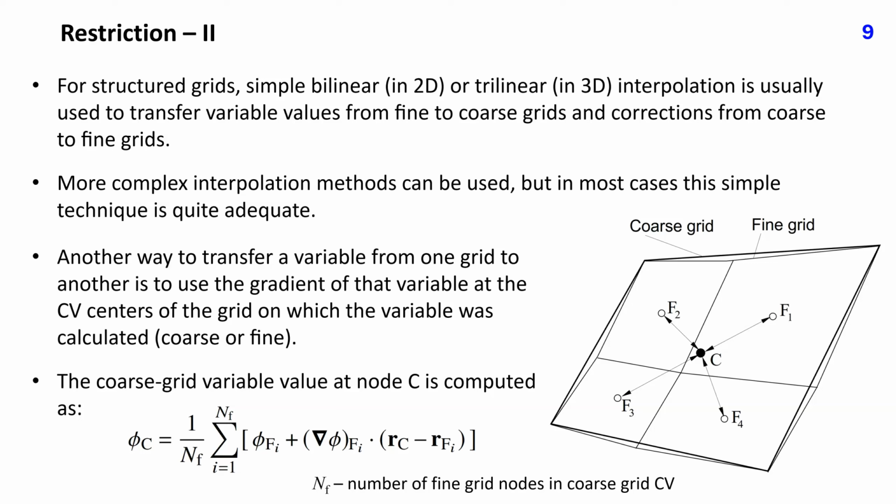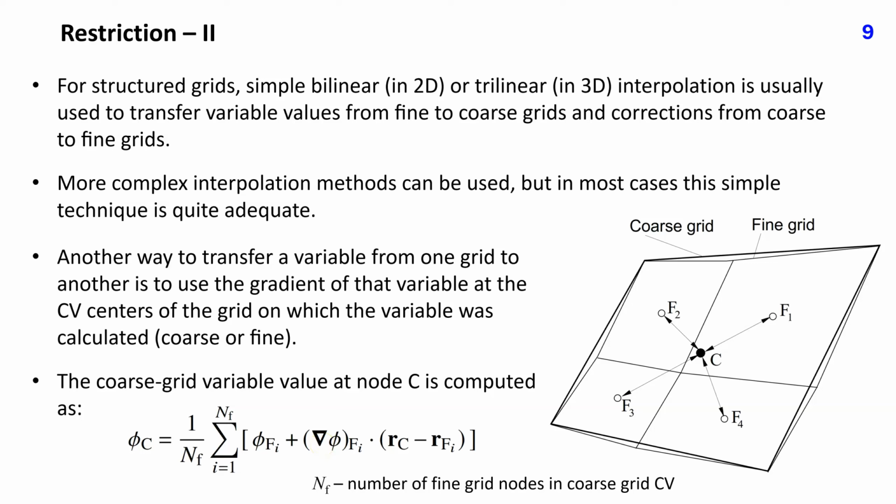Another way to transfer a variable from one grid to another is to use the gradient of that variable at the CV centers of the grid on which the variable was calculated, coarse or fine. For example, to restrict the variable phi from fine to coarse grid, the coarse grid variable value at node C can be computed as shown by this expression.